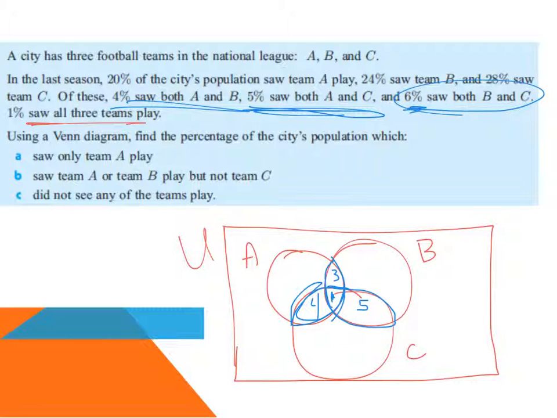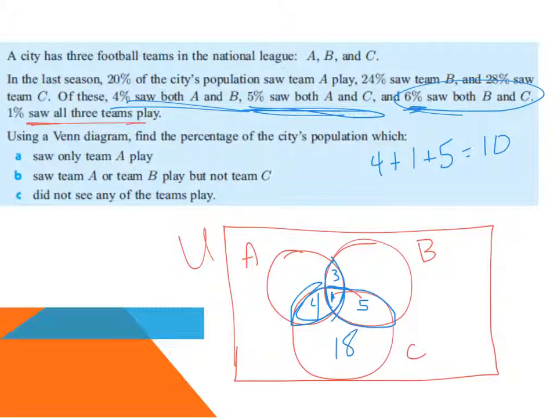And then 28% saw team C. So team C, we already have 4 plus 1 plus 5. So that's 10. And we got 28%, so 28 minus 10 gives us 18 to go here.